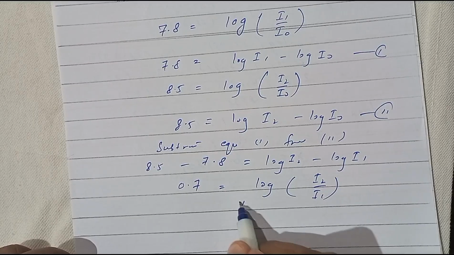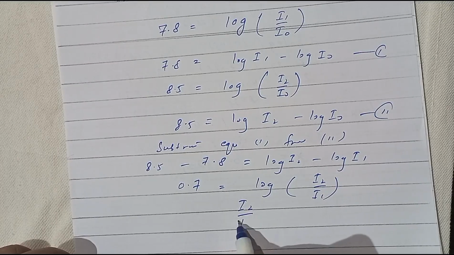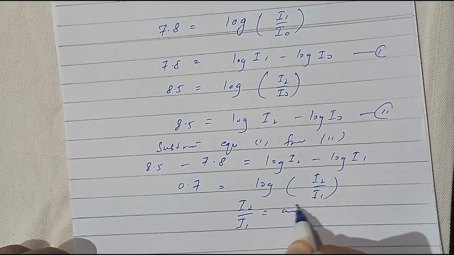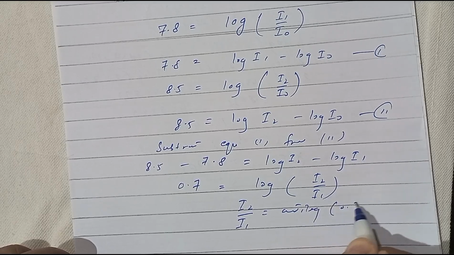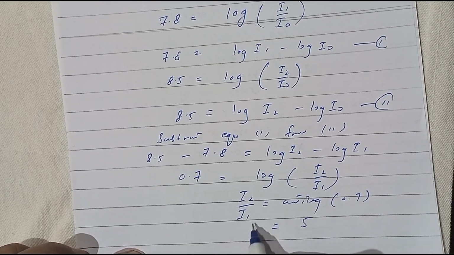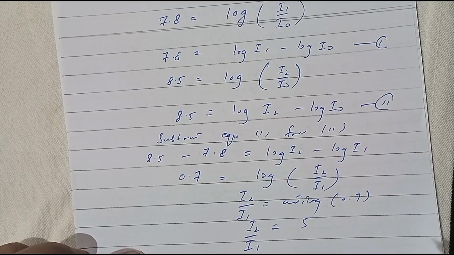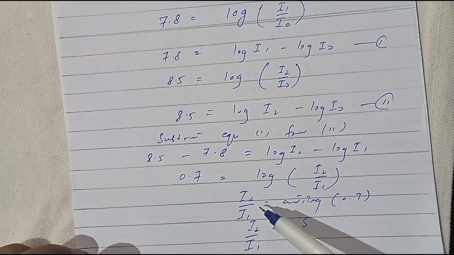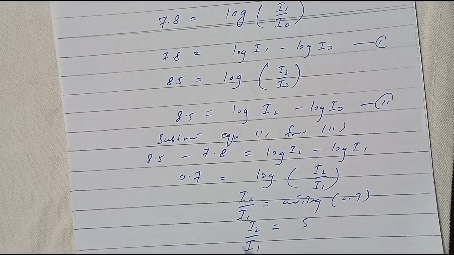So value of I2 divided by I1 is equals to anti-log of 0.7, which equals to 5, and we let I2 as the intensity of China and I1 is the intensity of Japan. So it proves that China earthquake is 5 times stronger than Japan.